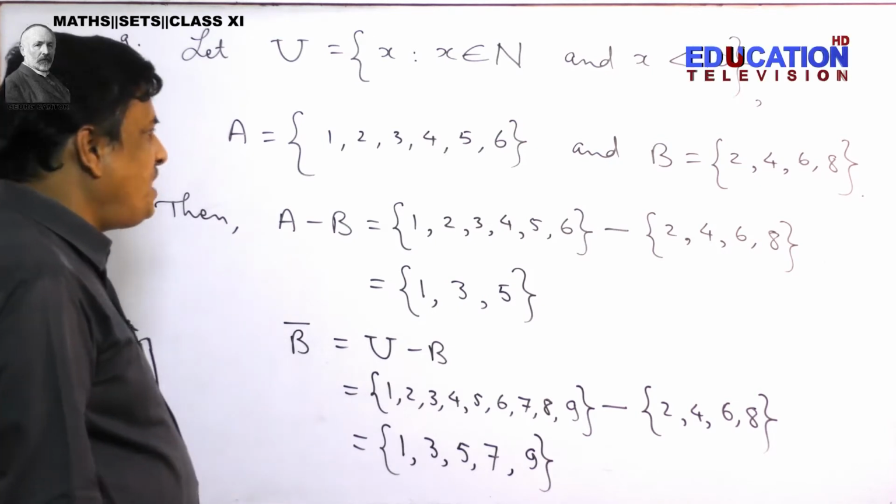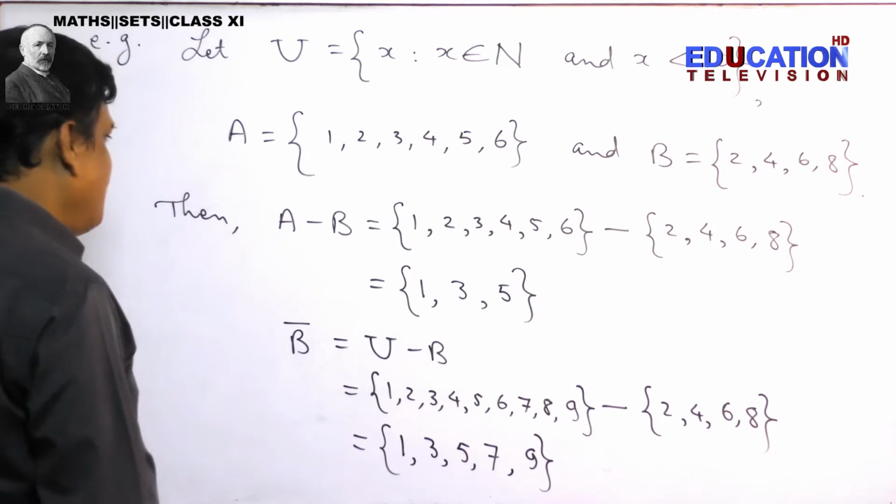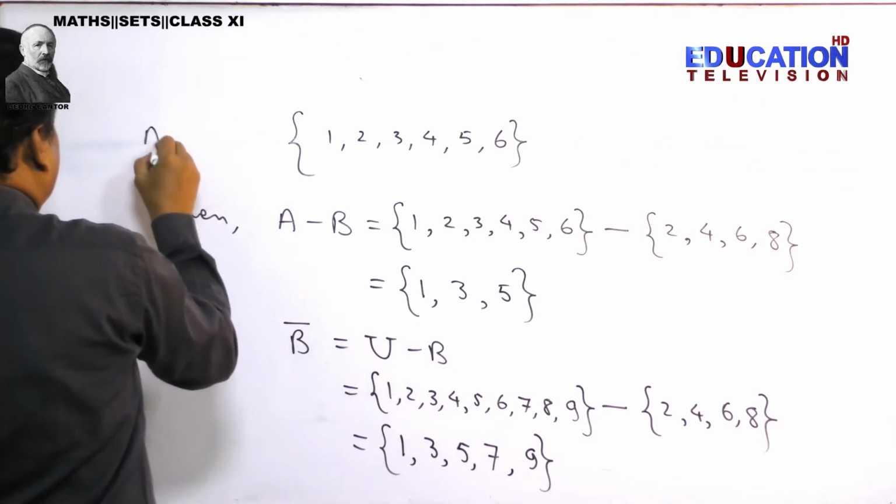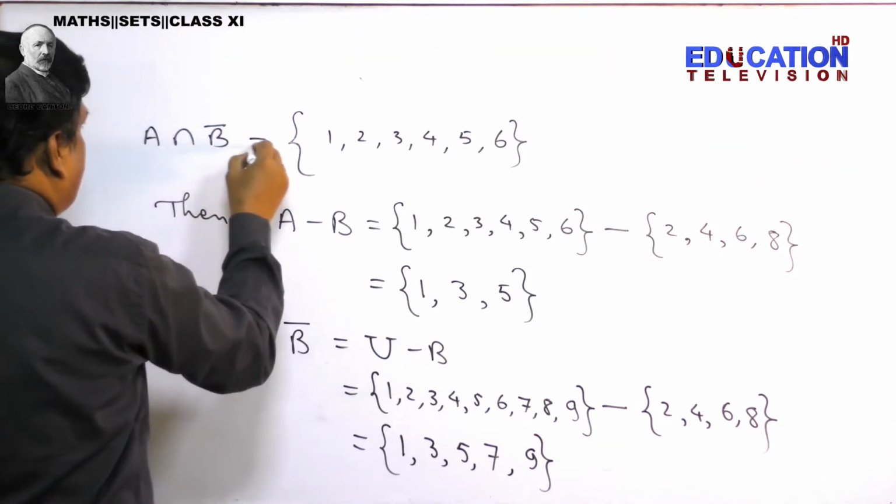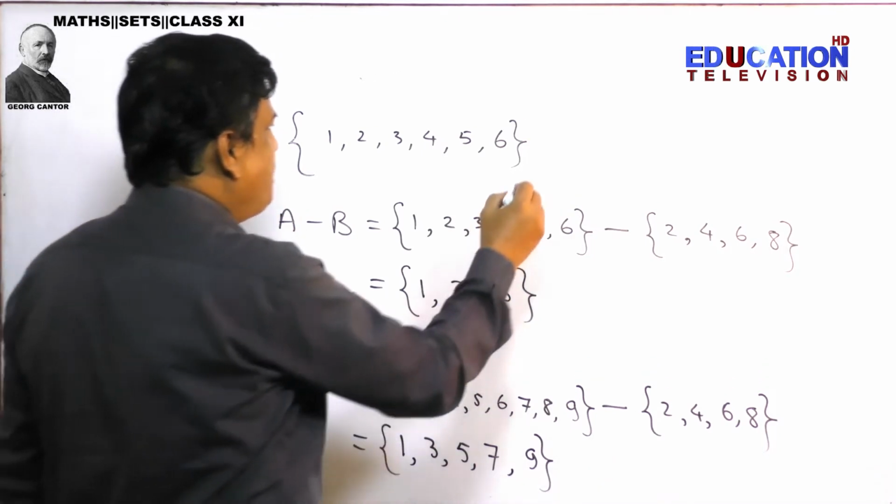Now take the intersection of A and B complement. A intersection B complement.